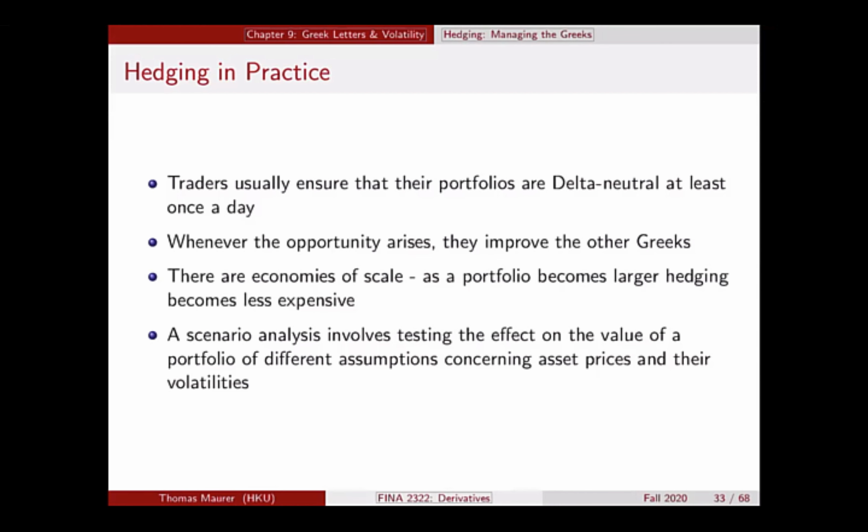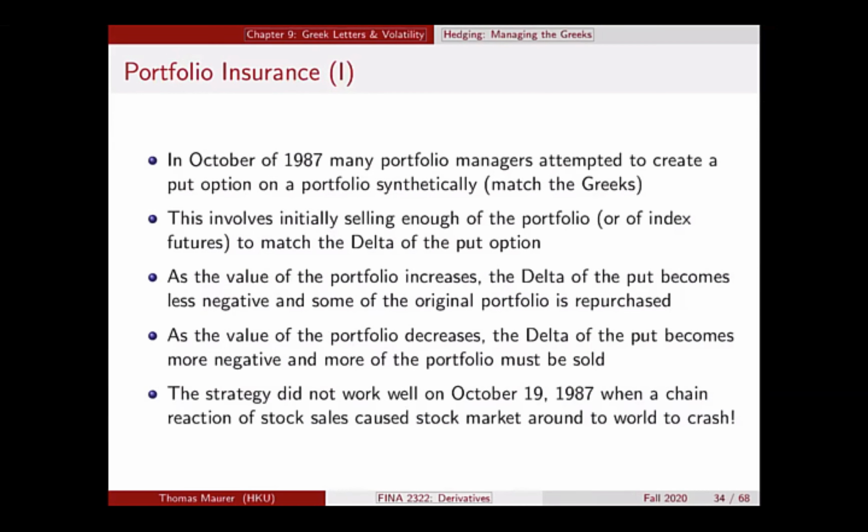Finally, I would like to give you an interesting example of what happened in October 1987, where portfolio managers were hedging risks, but then eventually caused a crash in the stock market. So basically, what happened in the 80s is that a lot of portfolio managers bought put options to hedge their downside risks or protect themselves against a crash in the market.